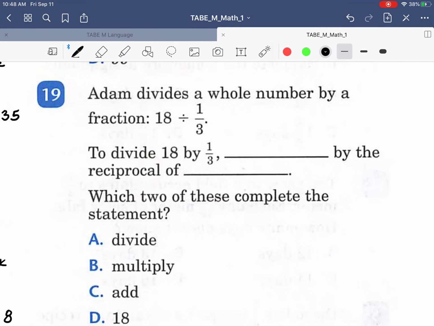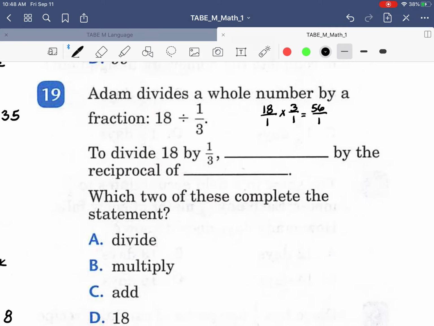Number 19. Adam divides a whole number by a fraction. So let me go ahead and do what Adam did. I said 18/1 times 3/1 is going to be 56.